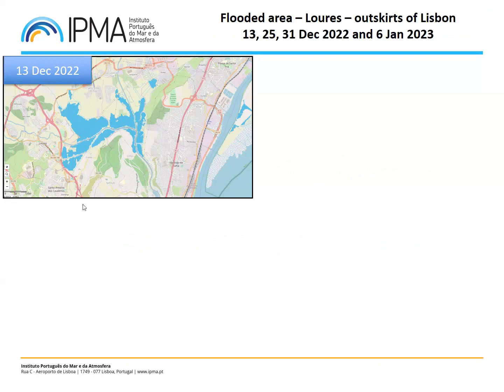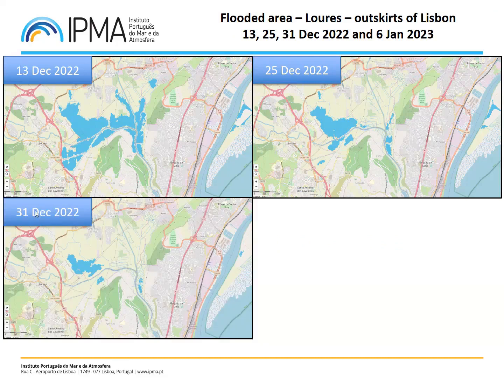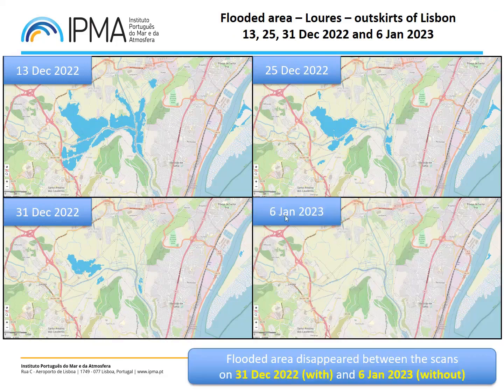So the main city of Lisbon is somewhere to the south of this image. It's not here, but this is the big area that was with flooding. Then again, on the 26th, so on Christmas Day, there was already a decrease of this area. And then on the 31st, so the last day of the year, still an area with flooding. And only on the 6th, we could not see anything anymore.